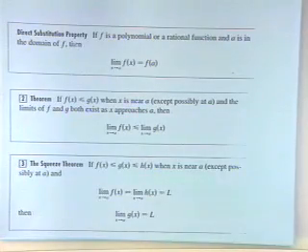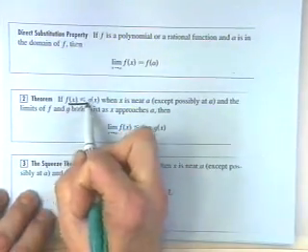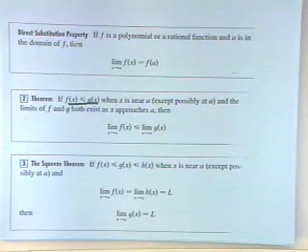So if we know that the f of x is basically underneath the g of x, so it's less than or equal to the g of x, near this value a, and again, we don't care what's going on at a itself, and the limits of f and g both exist as x approaches a, then we should expect the limit of the underneath function to be less than or equal to the limit of the higher function.